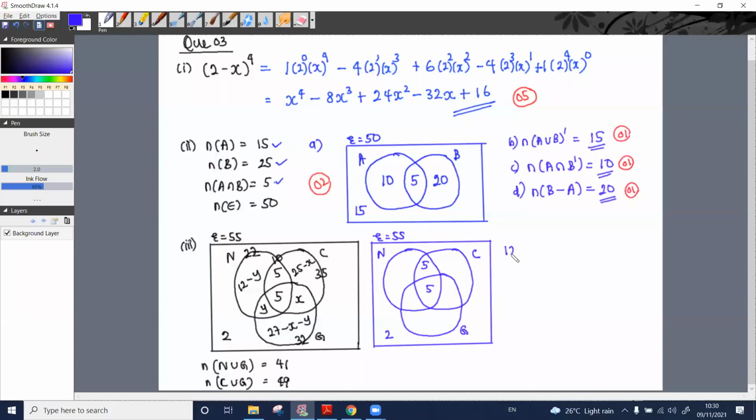I will have it here. 12 minus y plus 5 and 5 means 10 plus y plus x plus 27 minus x minus y equals to what? Should be equals to 41.